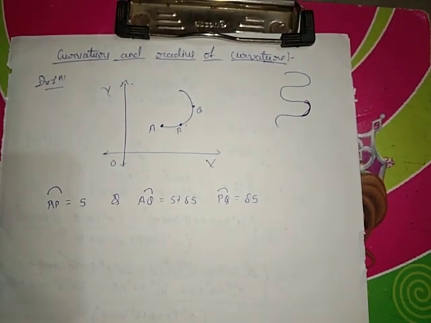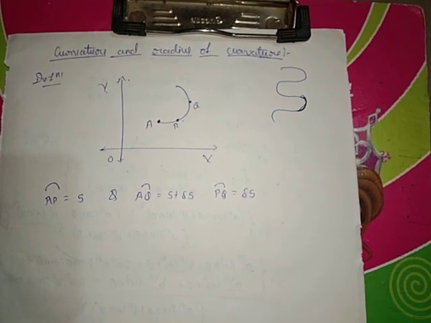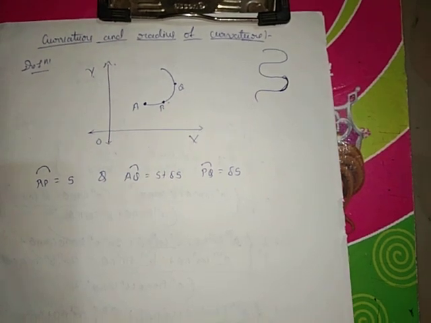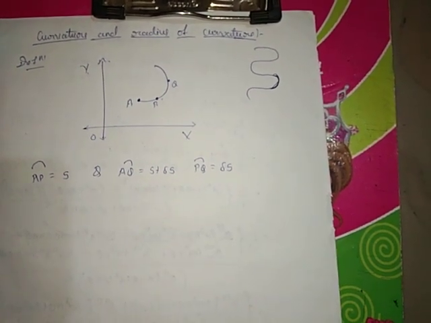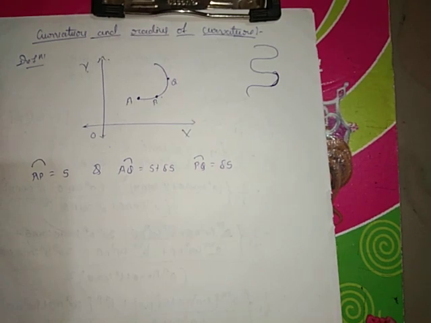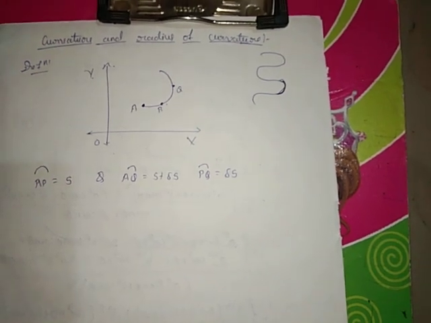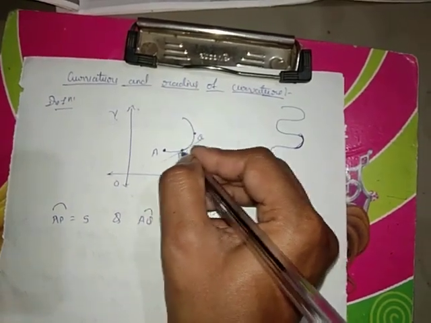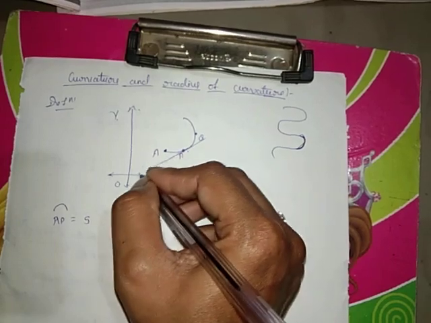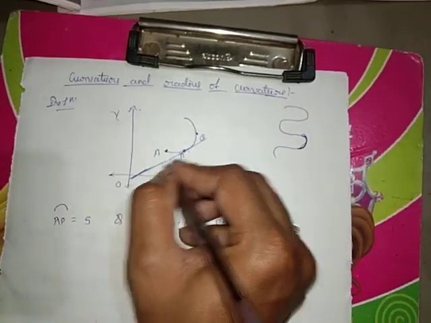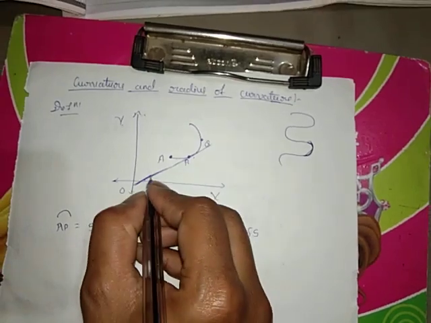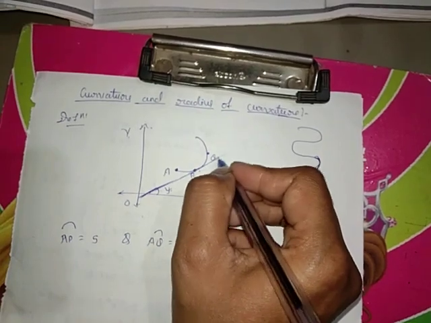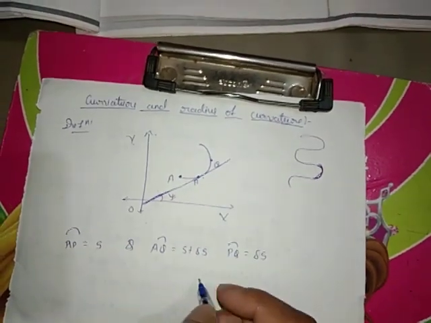For these two points, I am going to draw a tangent at the point P and Q. The tangent at the point P makes an angle xi with the x-axis.